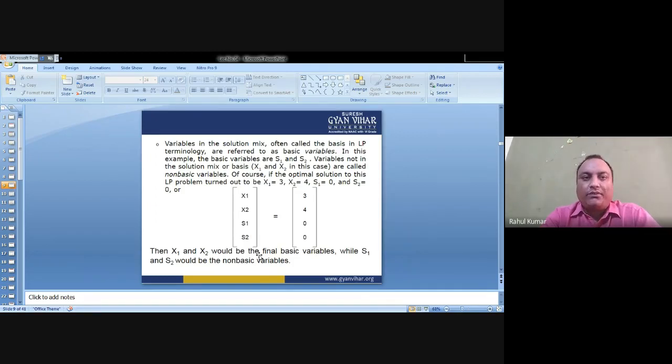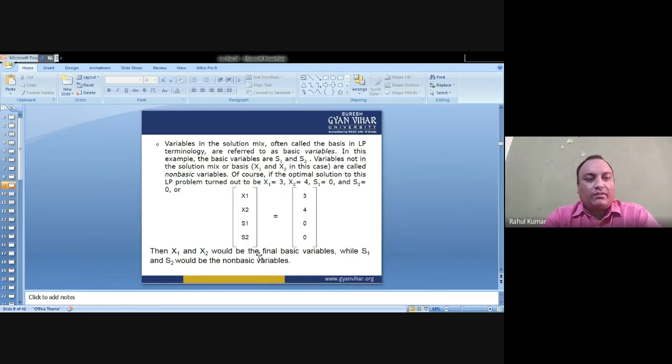Of course, if the optimal solution to this linear programming problem turned out to be x1 equal to 3, x2 equal to 4, s1 equal to 0, and s2 equal to 0, then this matrix form is converted into x1, x2, s1, s2 equal to 3, 4, 0, 0.